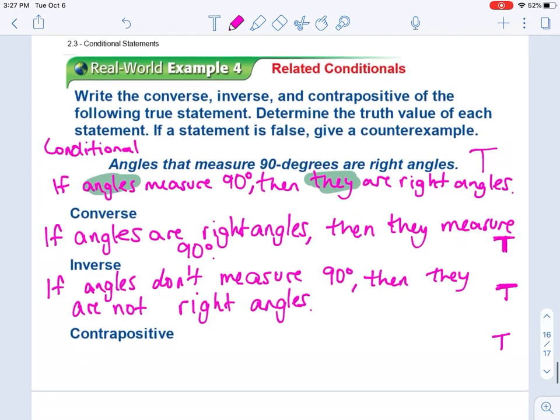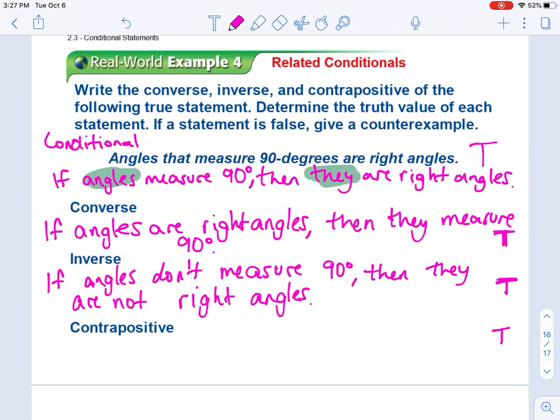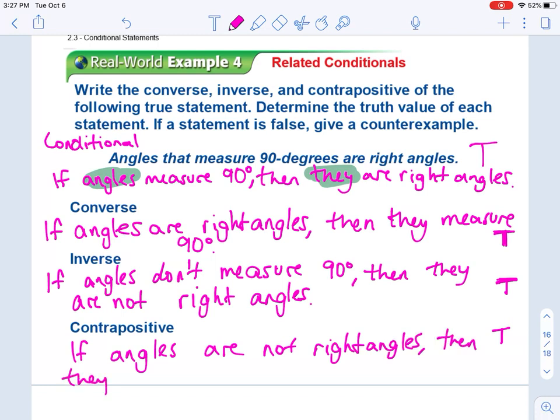That is a true statement there. And our contrapositive is the negation of our converse. So we're negating this guy here, our converse statement. So we have, if angles are not right angles, then they are not 90 degrees, or they do not measure 90 degrees. All right?